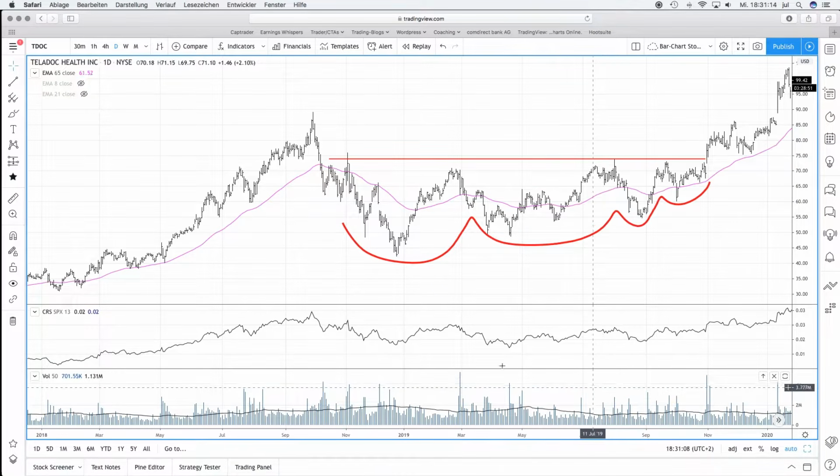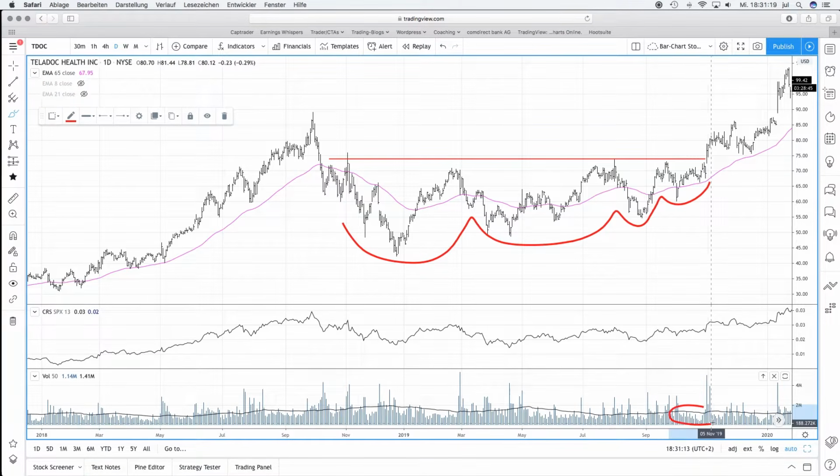And one thing I want to point out here is this dry up. There is a dry up in the last handle or correction, or in the last part of this volatility contraction pattern, and this is a very, very good sign, because if you see a dry up in volume, that always means that the selling pressure is very low, especially now when the stock is going sideways.